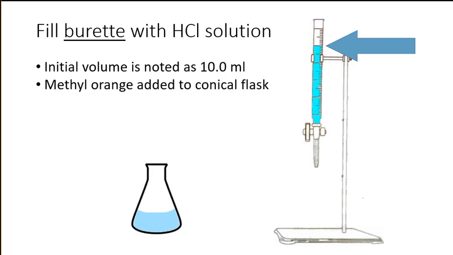Some methyl orange is added to the conical flask, just a couple of drops. And what you'll see is a change of colour. The solution should turn yellow because it's basic. The pH is above 7.